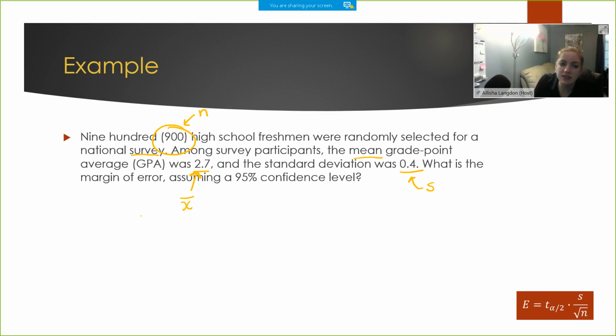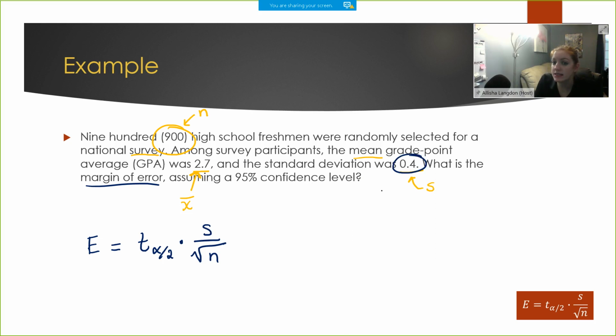Now, all they want us to do is find the margin of error. I know you're like, that's it? No, I'm just kidding. Margin of error formula I wrote down here, but let's go ahead and rewrite it for good measure. Equals T of alpha over 2 times S divided by the square root of N. Now, when we're looking at this, to find the margin of error, we have the sample standard deviation.